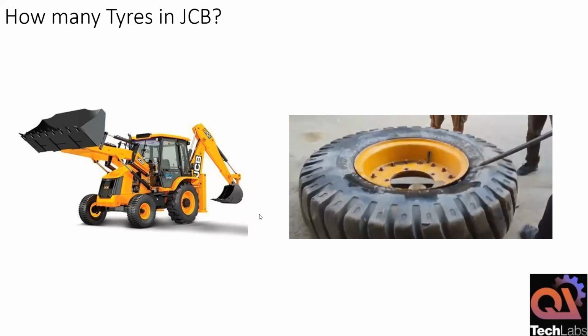It can be any of the 4 tires in this JCB where the puncture is being put or they're trying to fix it. So see, simple thing: as a tester, don't assume. Ask for clarity and then move forward.